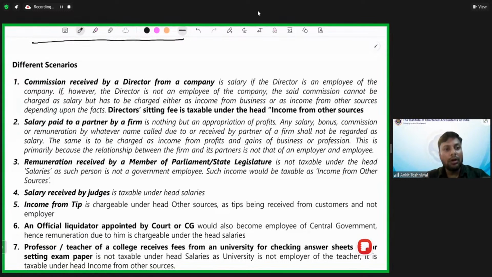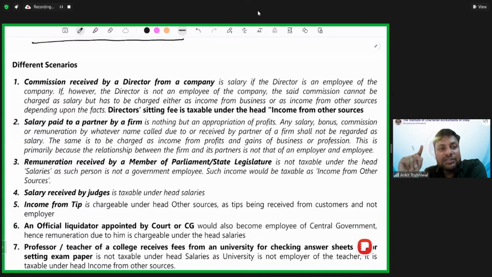First, question yourself, is there an employee-employer relationship? See, if you understand the definition of partnership, every partner is an agent of another partner and also a principal of another partner.